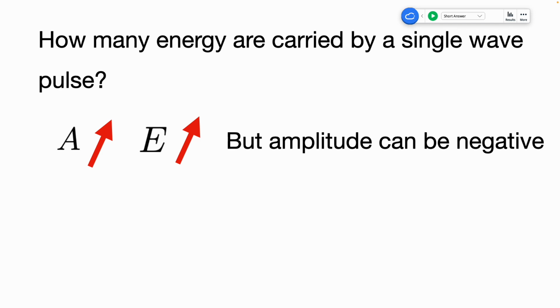So the energy should not be proportional to amplitude, because energy is always positive. It should be proportional to amplitude squared, just like kinetic energy goes as v squared. Here, the energy carried by a wave should be proportional to amplitude squared. Okay? Everybody buy that?